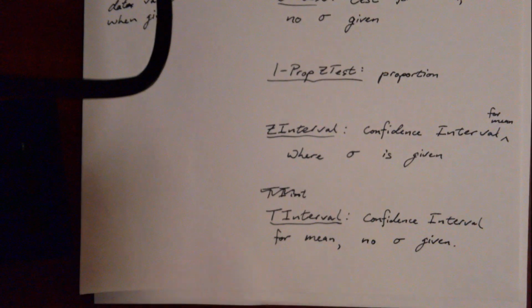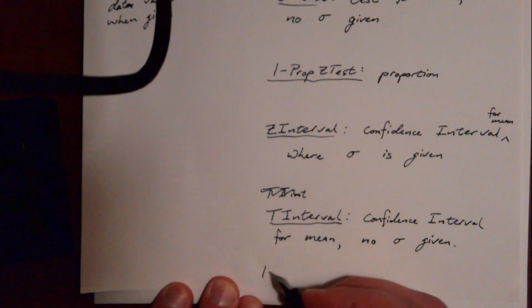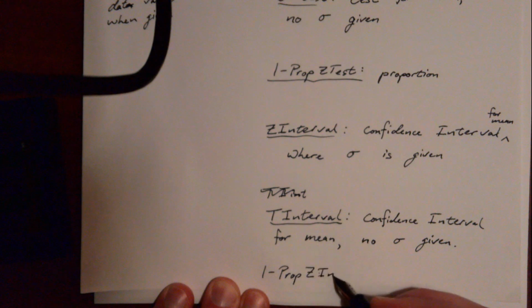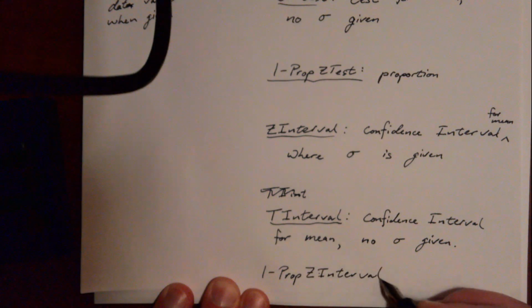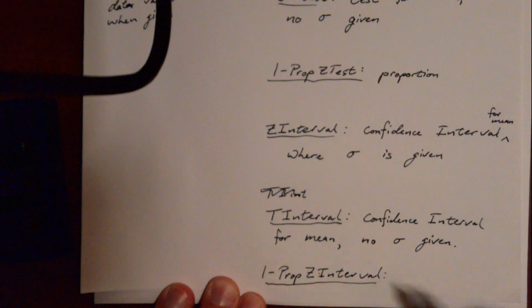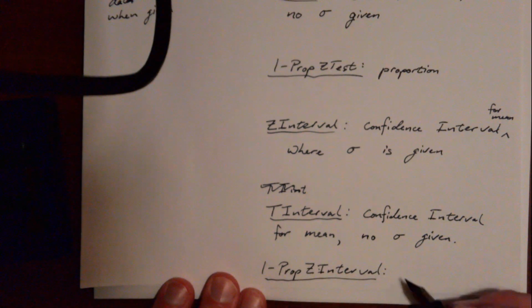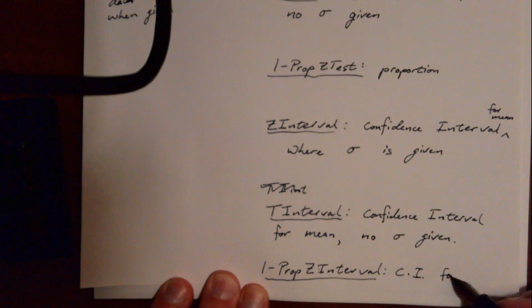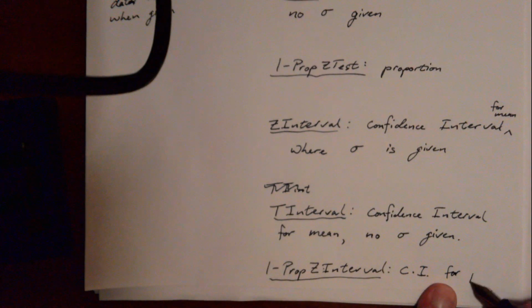And lastly, we have the confidence interval for a proportion, which is called 1-PropZInt. So this is the confidence interval for proportions.